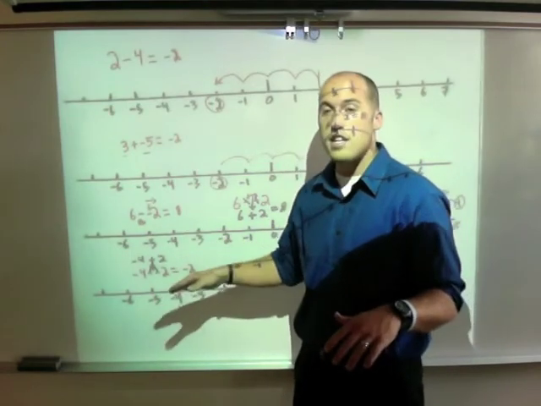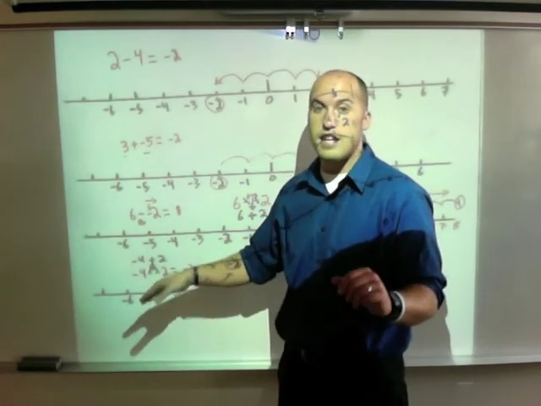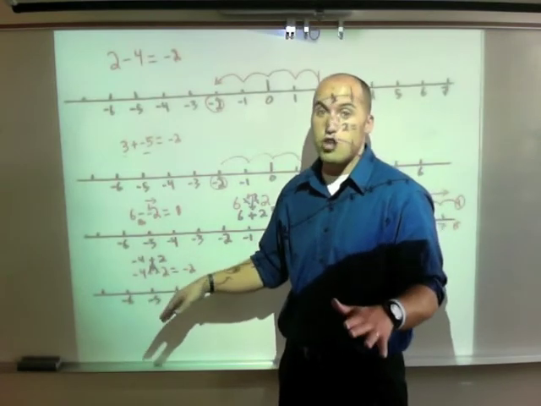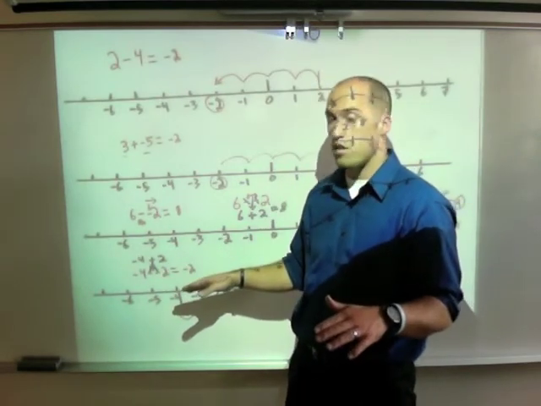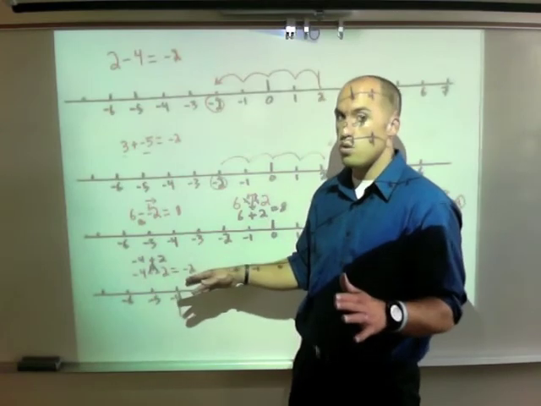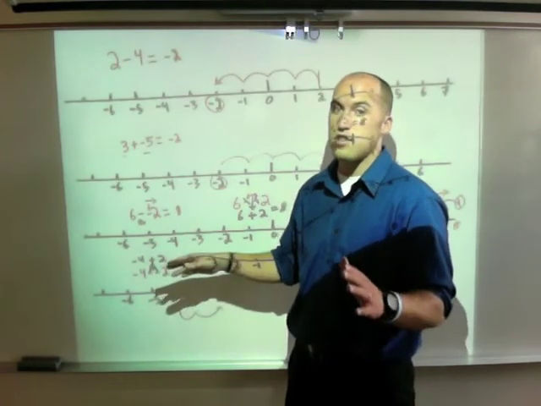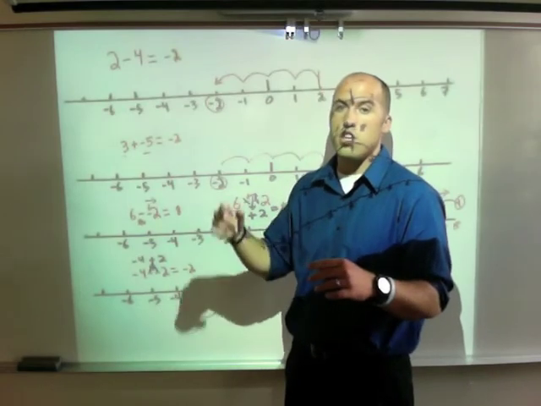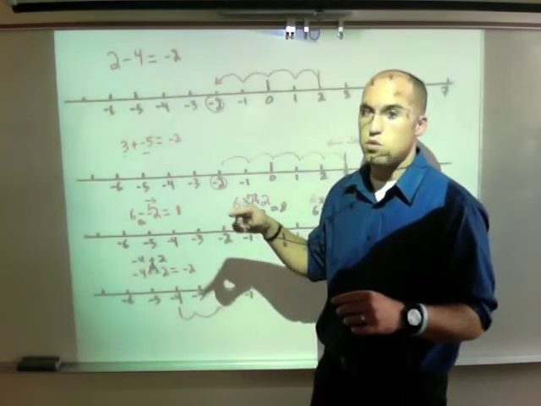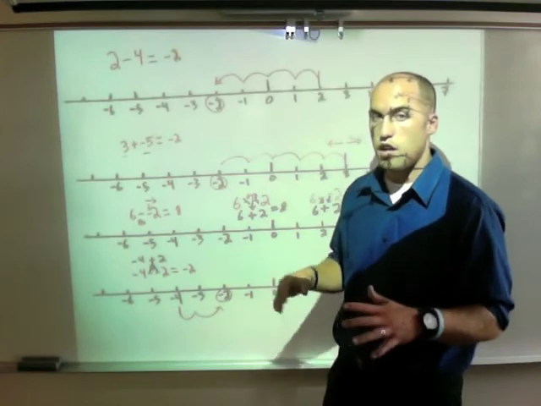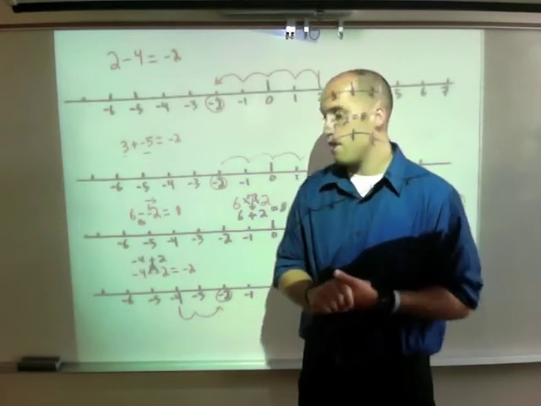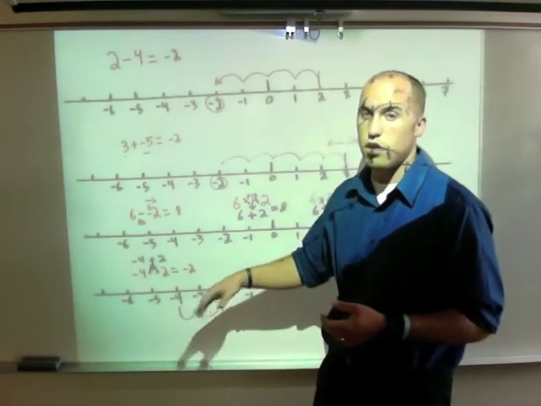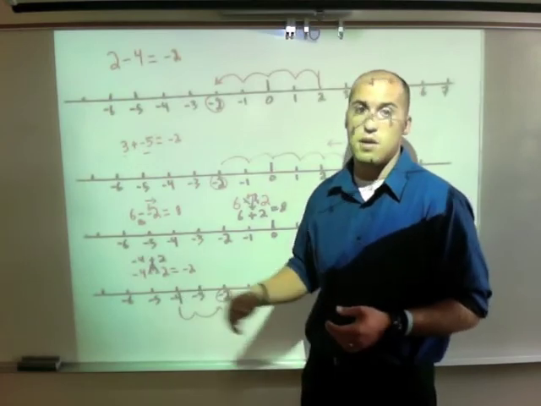So subtracting a negative is the same thing as adding that number. Originally you're subtracting negative 2, and what you do is you actually add 2. That's the big trick we learned today: when you subtract a negative number, you make it a positive instead of making it a negative.